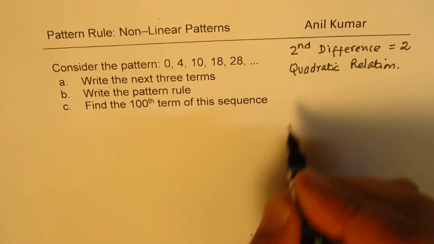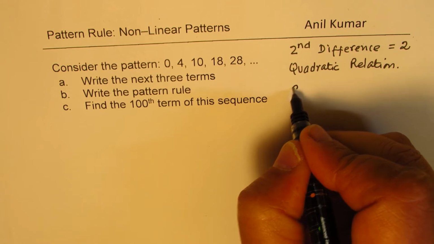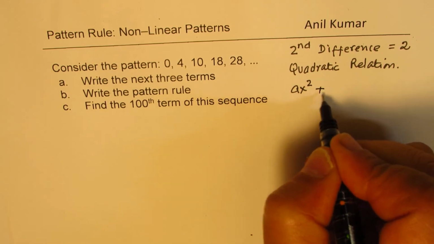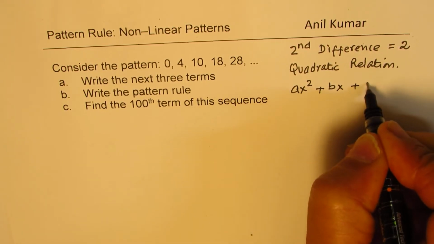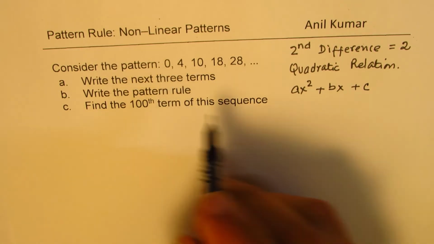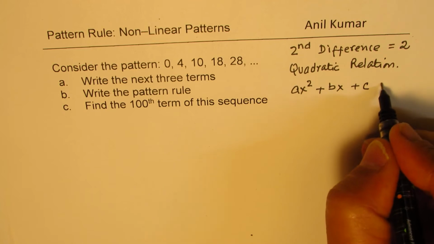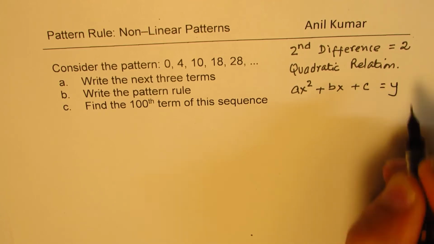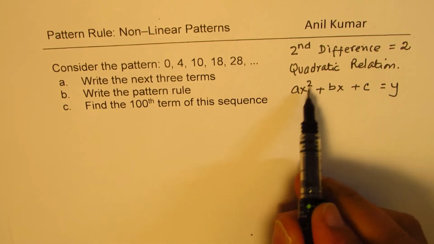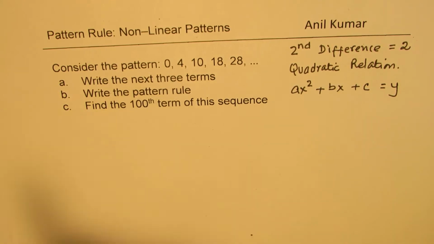A quadratic relation is given as ax squared plus bx plus c. So the value of this pattern is equal to, let us say, the number y, right? So we can write y equals ax squared plus bx plus c.